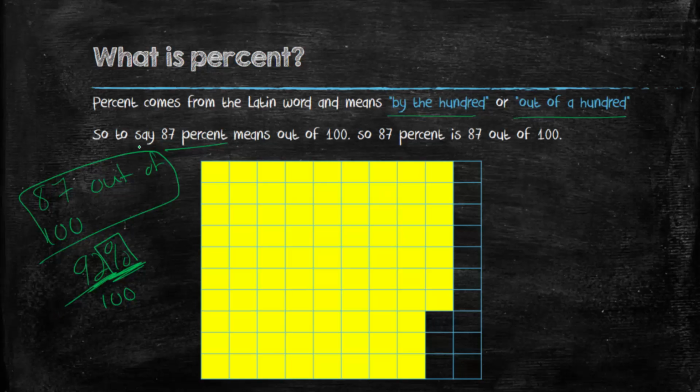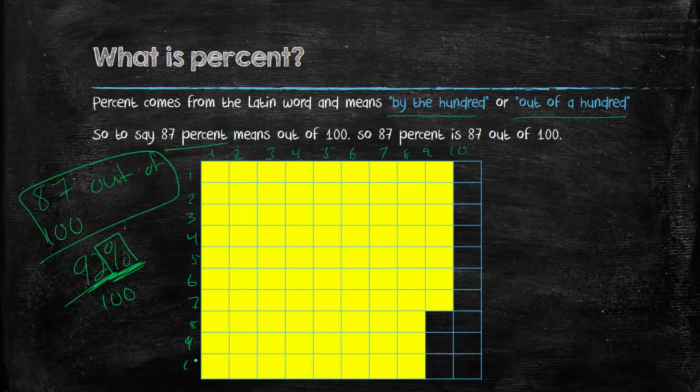Okay, so 87% means out of 100, so 87% is 87 out of 100. To represent it visually, it would look something like this. So I have here a grid of 100 squares. So I've got 1, 2, 3, 4, 5, 6, 7, 8, 9, 10 squares here and 10 squares by the side.